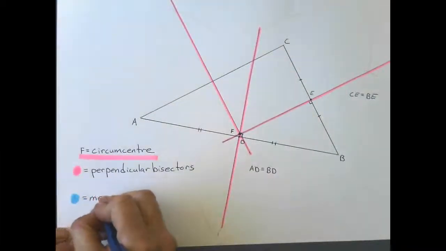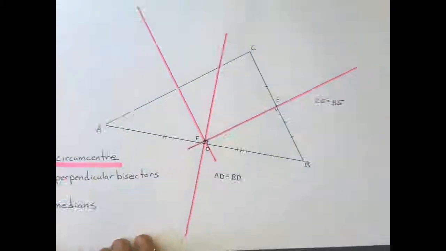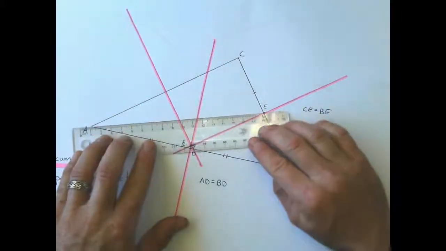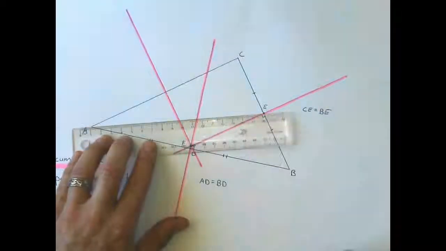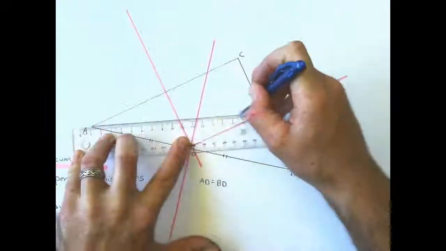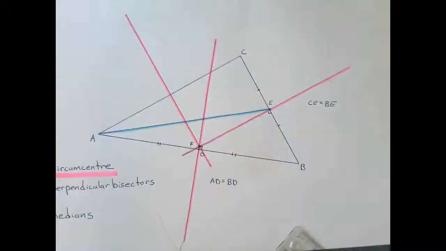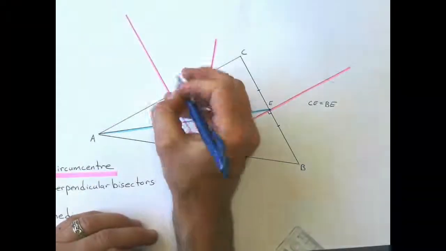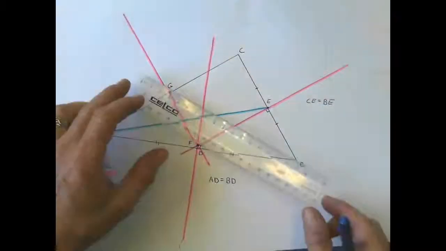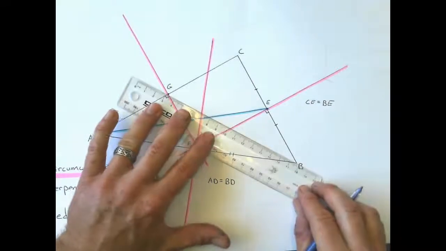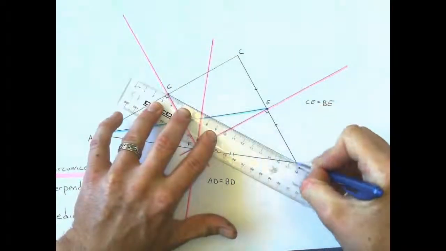Next up, medians. Let's do the median for each side. Now remember, I have all the midpoints already. So if I rule up AE, carefully, that is the median from A to side BC. There's the first median. Oh, let me label this midpoint over here. I'll label that G. And if I rule up BG, that is another median. That's the median from B to AC.